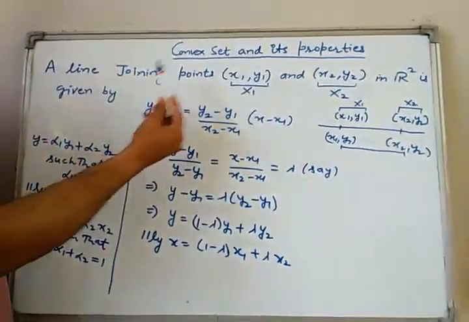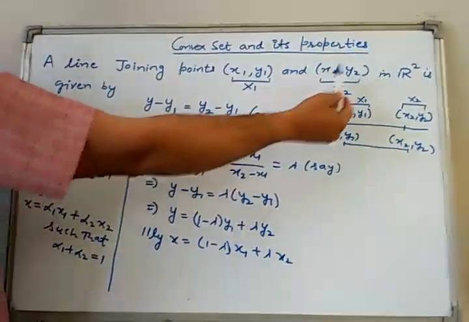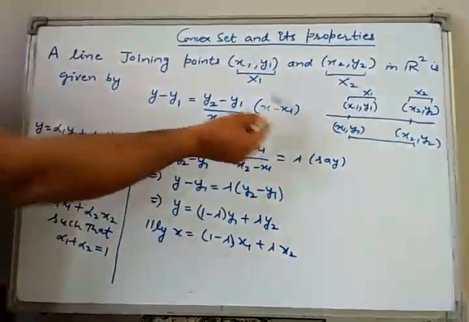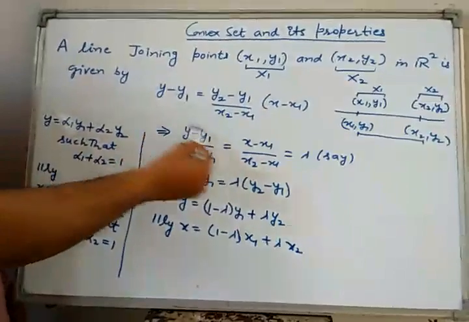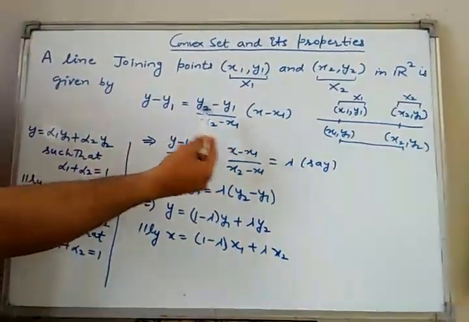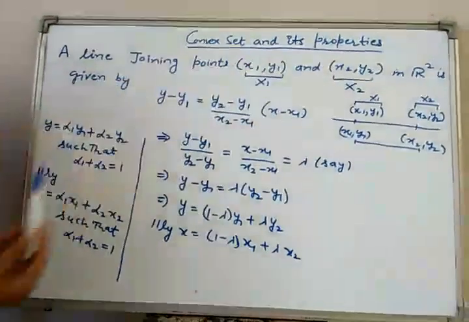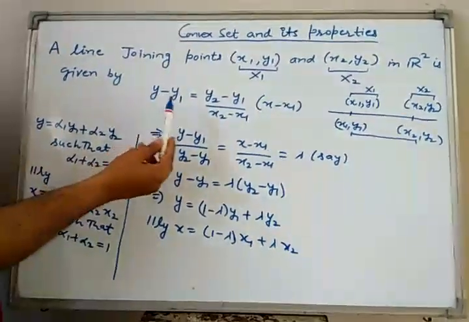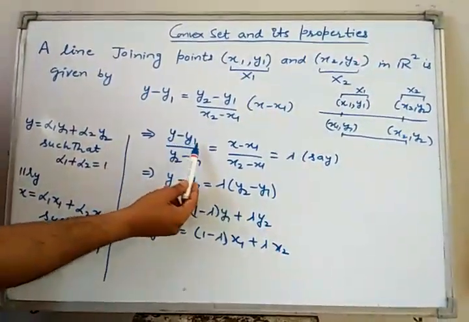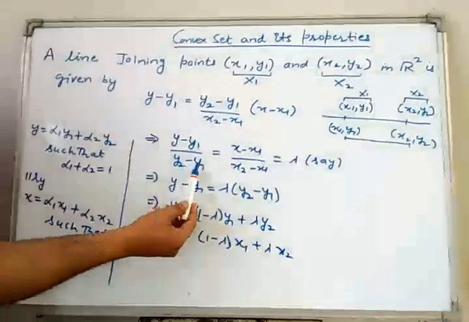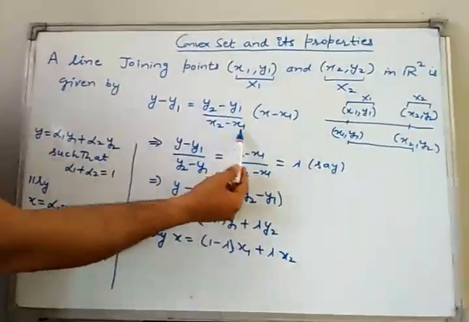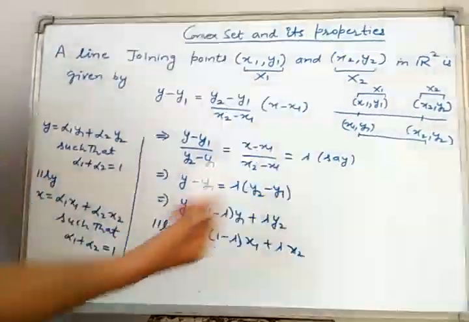We start from the line joining points (x1, y1) and (x2, y2). We are all familiar with this equation, which is the equation of the line joining the points x1 and x2 in R square. Now assume that the ratio (y minus y1) upon (y2 minus y1), which equals (x minus x1) upon (x2 minus x1), is lambda.